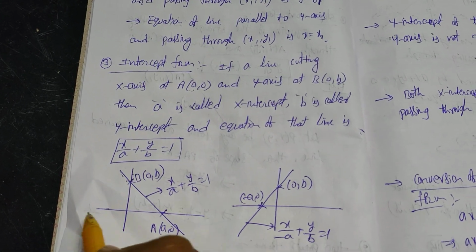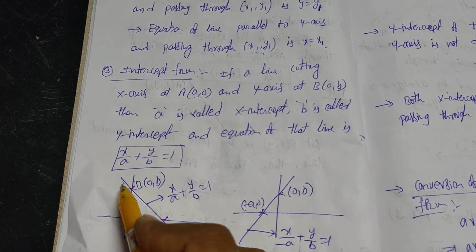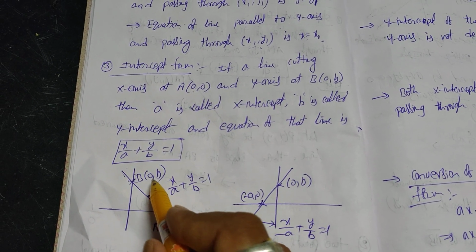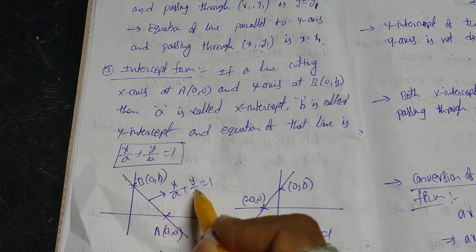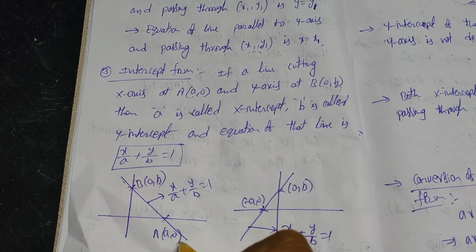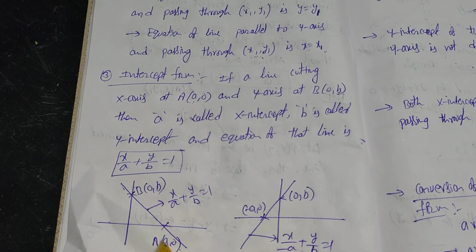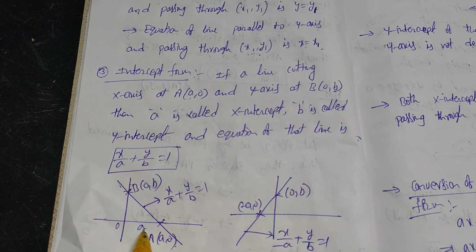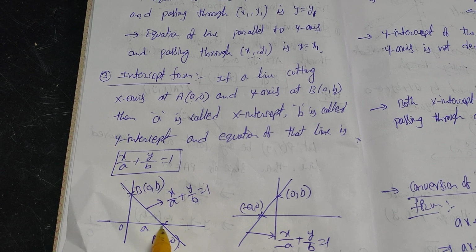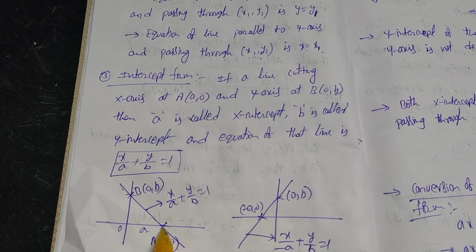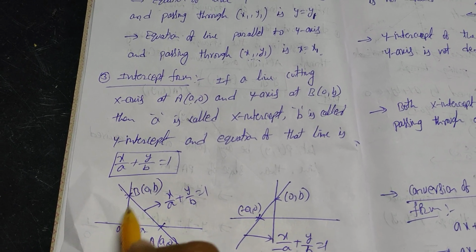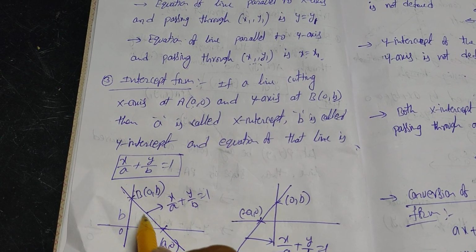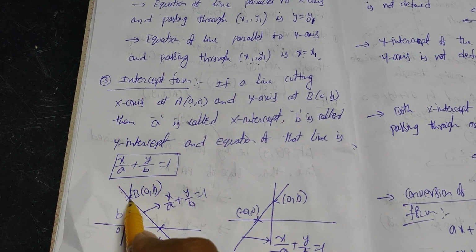Suppose this is the straight line. If it intersects the positive x-axis and y-axis at a comma 0 and 0 comma b, then the equation is x by a plus y by b is equal to 1. Both are positive. Here this a is nothing but this length, the distance from the origin to where the line intersects the x-axis. And this b is the distance from the origin to where the line intersects the y-axis.